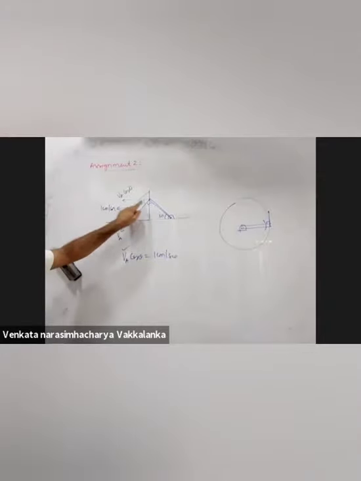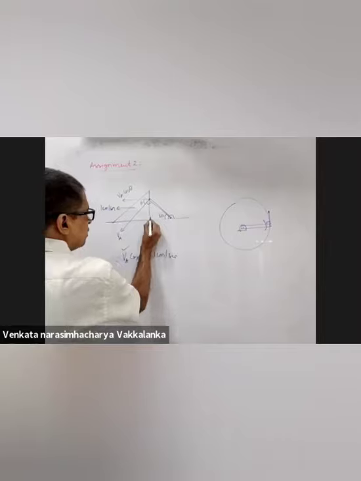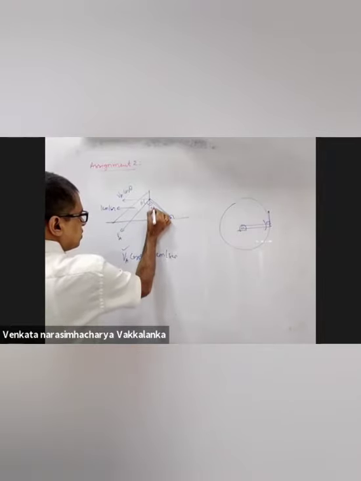And why did you equate both? Along the common normal they should have the same velocity. If this is 30, this is 90, this is 60.